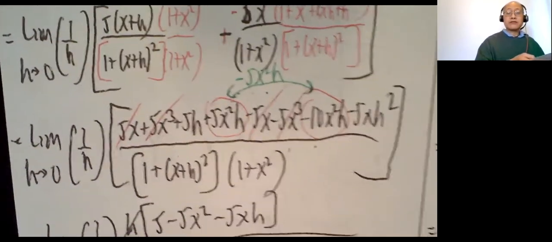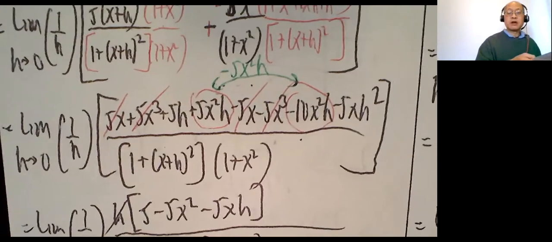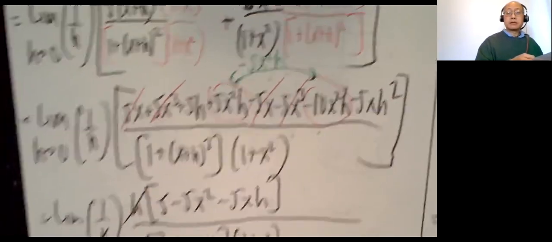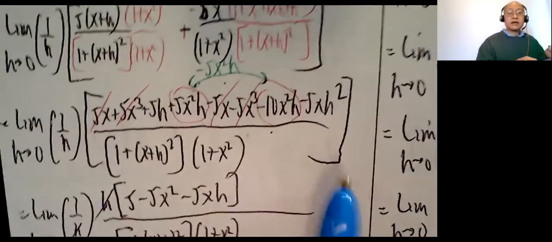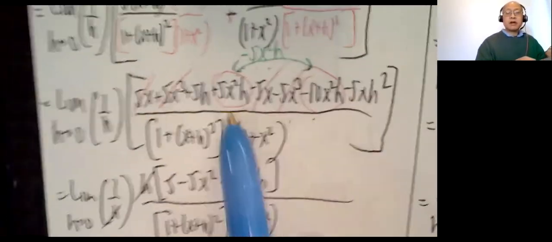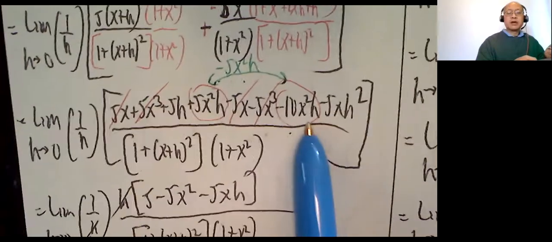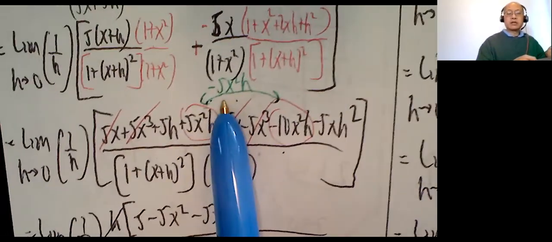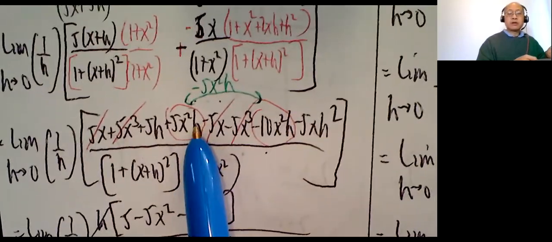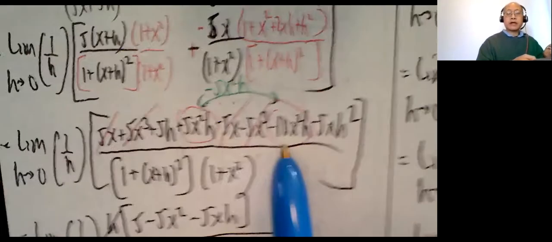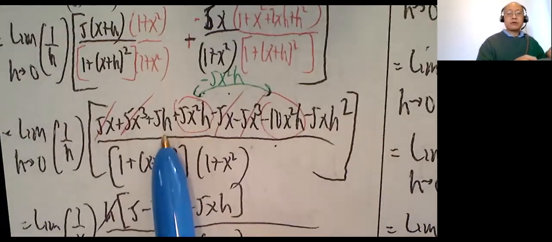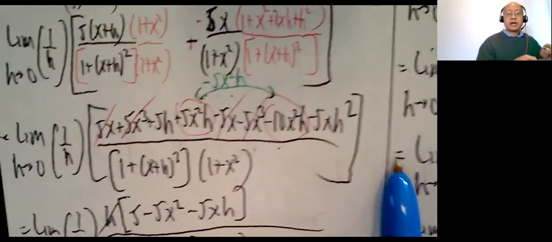Okay, then what do I have left over? These two right here, 5x squared h minus 10x squared h, is negative 5x squared h. In green, that one and that one are like terms. So negative 5x squared h. I still have that one and that one.